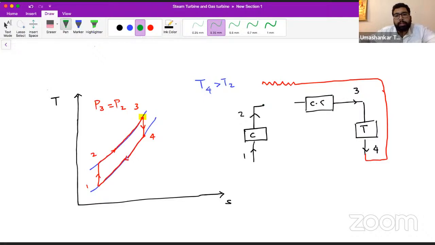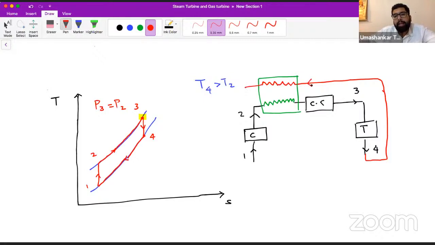So in a heat exchanger, what happens? Now, if you see in this heat exchanger, what is happening? It is happening like this.